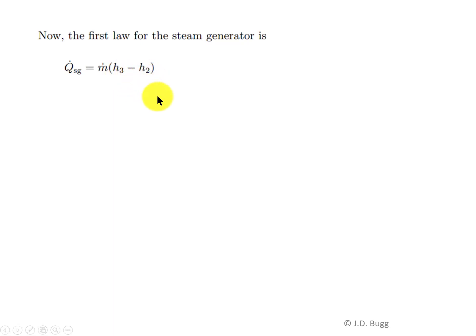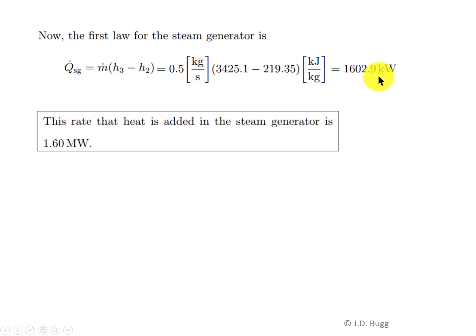And we know everything on the right-hand side of this equation. 0.5 kilograms per second, 3425.1 kilojoules per kilogram at the exit, and 219.35 kilojoules per kilogram at the inlet. So that tells us the rate at which heat is added is 1602.9 kilowatts. So our final conclusion then is the rate that heat is added in the steam generator is 1.60 megawatts.